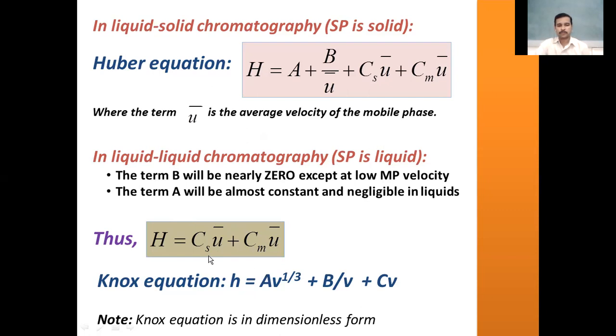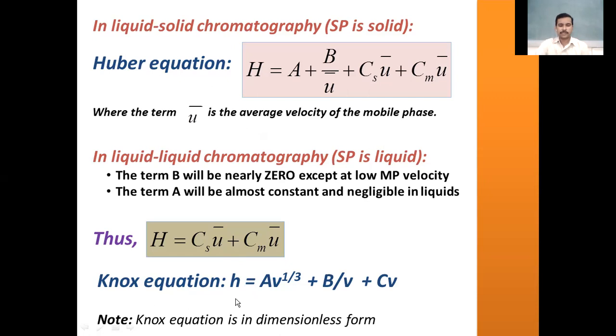So only mass transfer of the solute into the stationary phase and into the mobile phase can be seen in the case of the liquid-liquid chromatographic separation process, where the height is contributed by H is equal to Cs into U bar plus Cm into U bar, where H is the height, Cs is the mass transfer term into the stationary phase, and Cm is the mass transfer term for the mobile phase. U bar is usually the average linear velocity of the mobile phase.